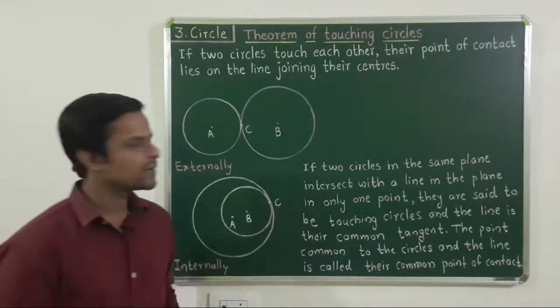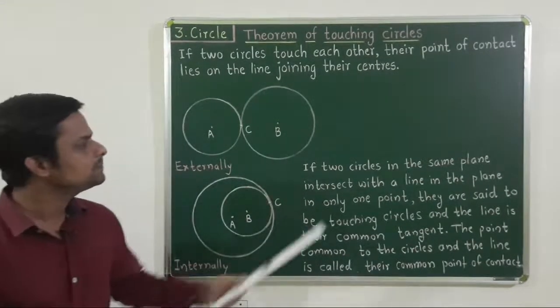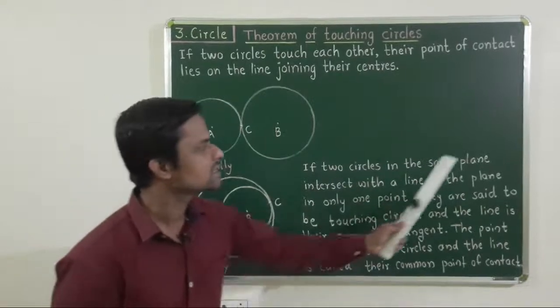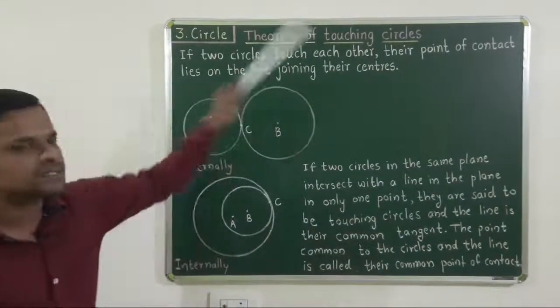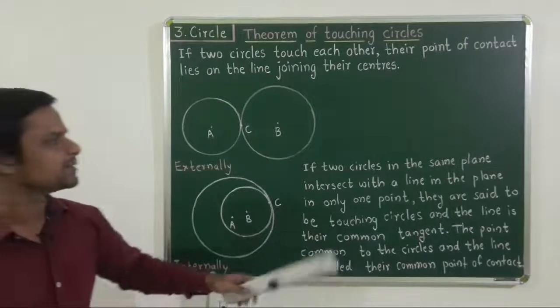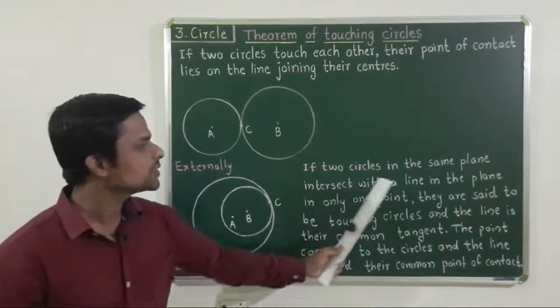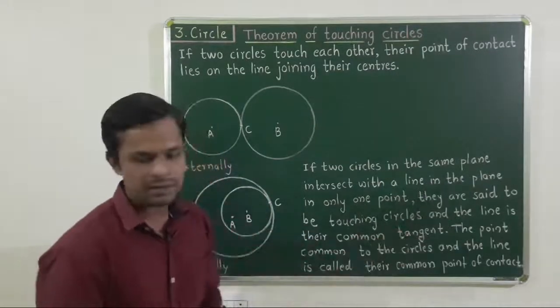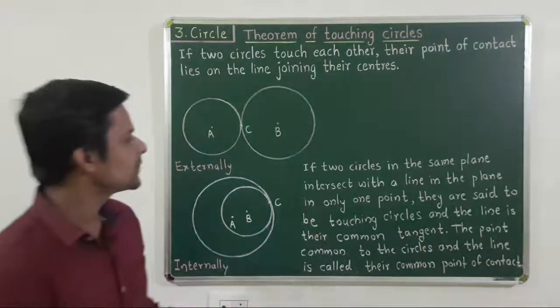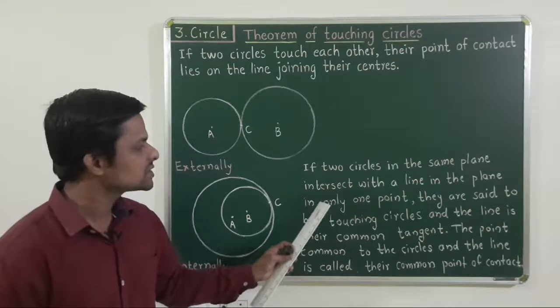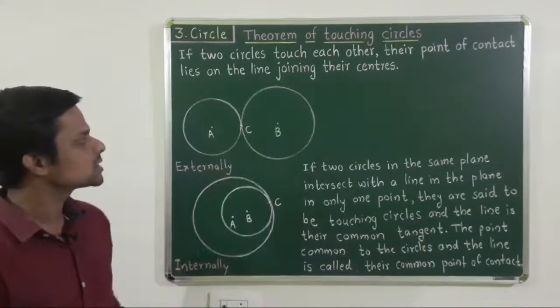Now what is the actual definition of touching circles? If two circles are in the same plane, suppose this blackboard is a plane, and they intersect with a line in the plane. To understand the definition, we have to draw one line which is a common tangent for these two circles.